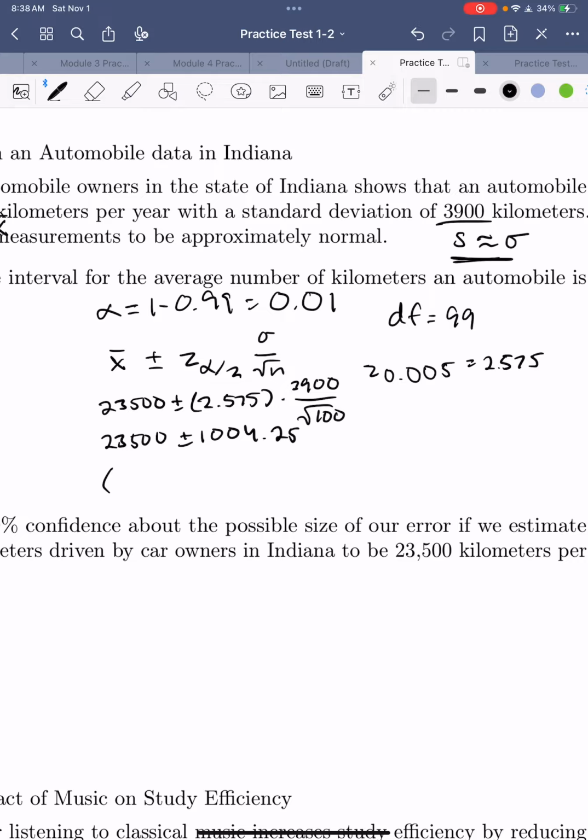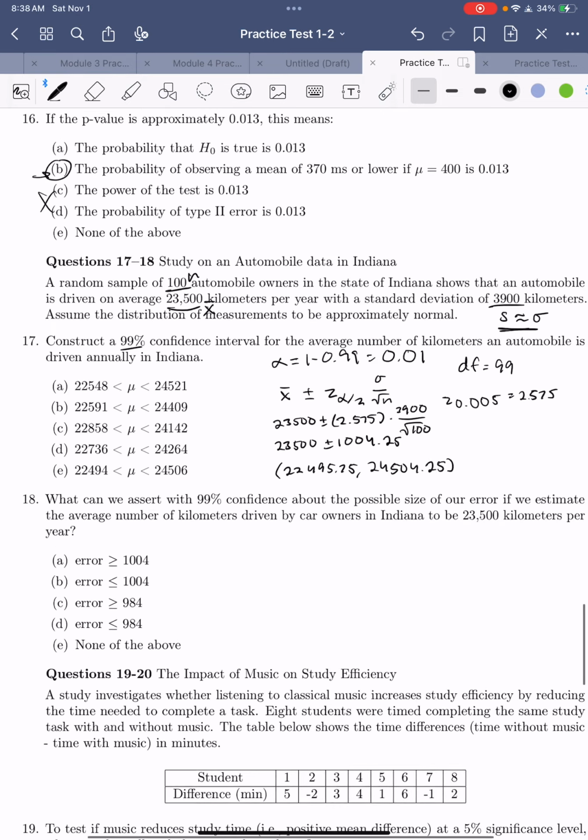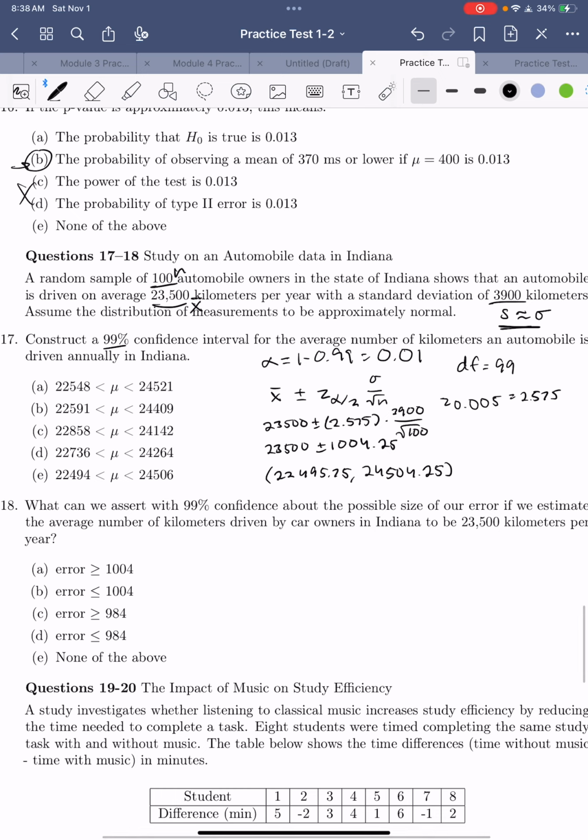of 22,495.75 to 24,504.25. And we can compare our values here.